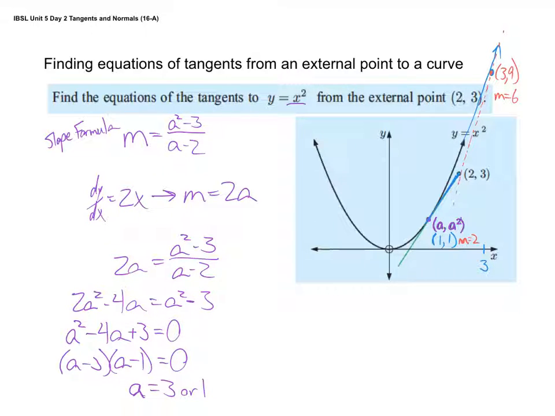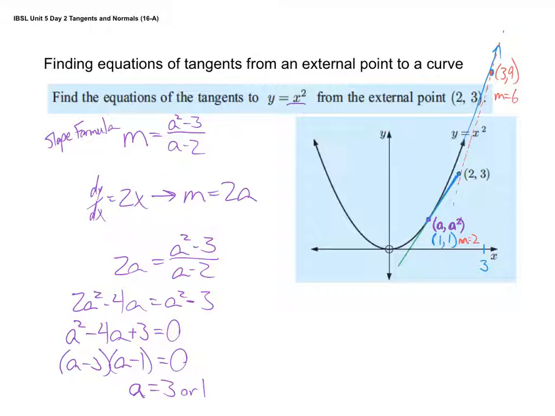Where did you get the slope from? I went back and plugged it into my slope formula. Either this or this. So, I know the slope is 2 times a. They're both fine numbers, they're not negative. Yeah, they're both correct answers here. There's actually two different possibilities.